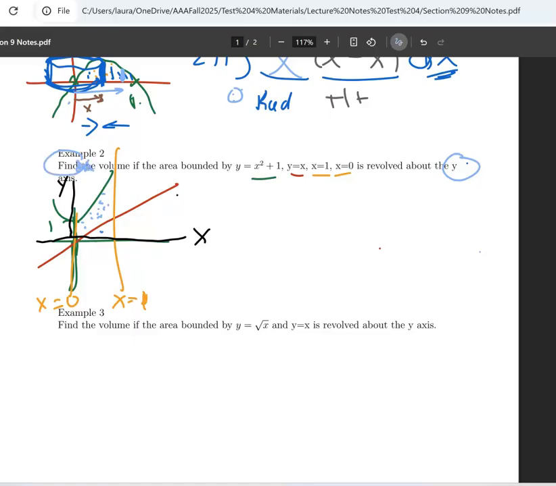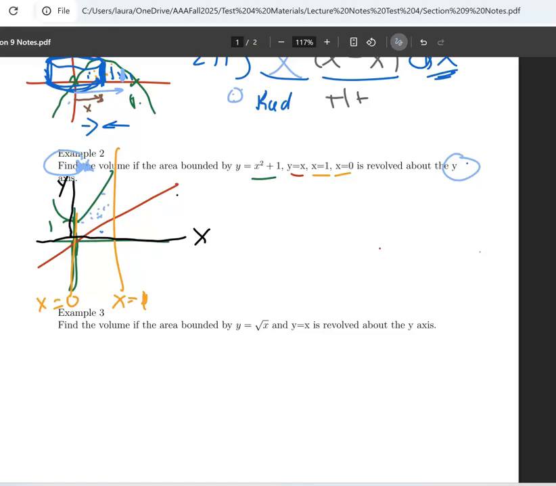So that's the center. And can you see, if I try to draw rectangles perpendicular to the axis of rotation, I would have different top and bottom functions. That is not a wise choice. I'm never going to ask you to do rectangles that way because you'd have to split this volume up into a couple, at least 2 different integrals.